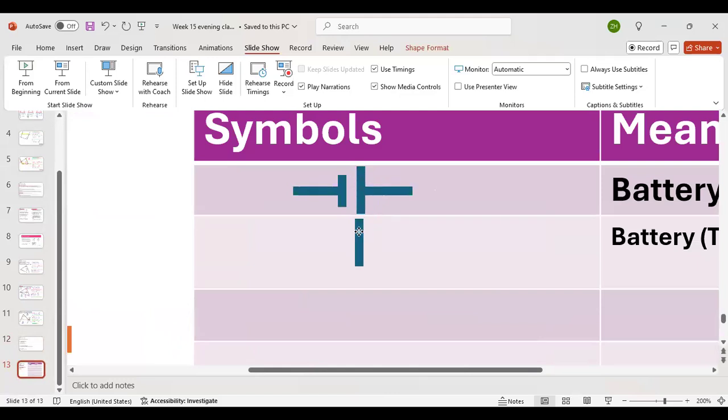So we have the long one like this. Okay, so I have the short one like this. So this goes like that. This goes like that.